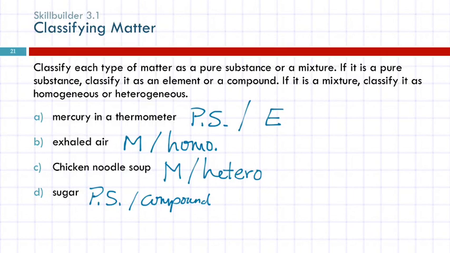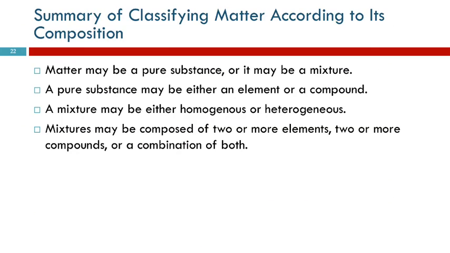Another thing about sugar is if you heat sugar, you can decompose it into other things, right? Whereas with an element, you can't decompose it, break it into simpler substances. So this is just a summary of classifying matter according to composition.